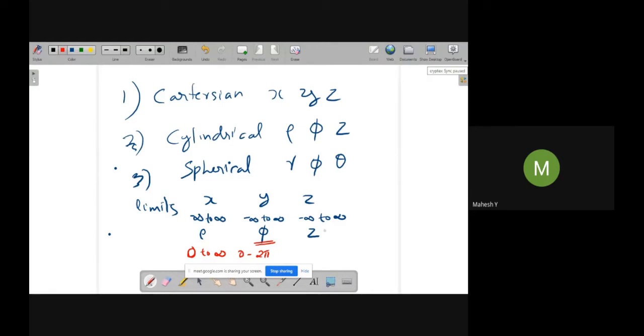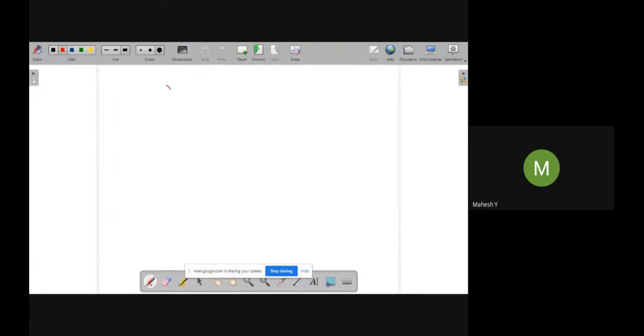Now what about z? Z is the same, right? This is common in both cases. So the limits will be minus infinity to plus infinity. Okay, so 0 to infinity, 0 to 2 pi, and minus infinity to plus infinity. Now the last one, r, phi, and theta. Okay, tell me the case of r.